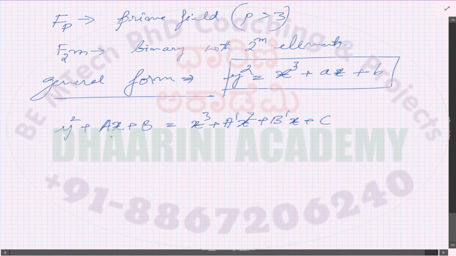By making some substitution, you can bring this into this format. That's the normal derivation. You will prove that this can be brought into this format, and then they call this part the general equation of the elliptic curve. Many methods exist to prove that.